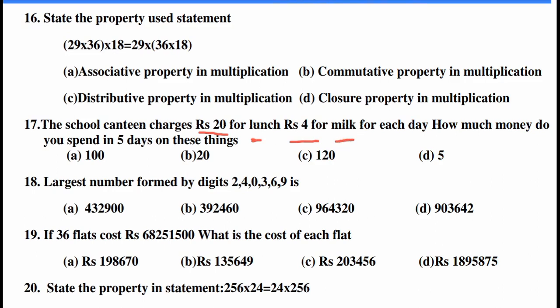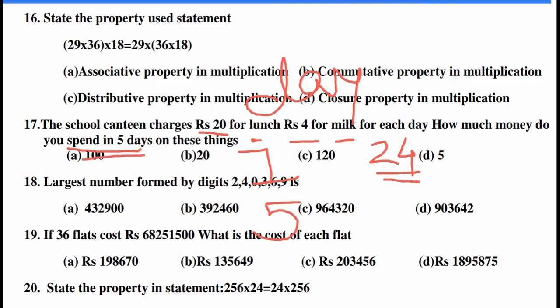So 20 plus 4 is equal to 24. And this amount is for 1 day only. And here the question is for 5 days. So we have to find the charge of 5 days. And for that we will do cross multiplication. 5 multiplied by 24 divided by 1.